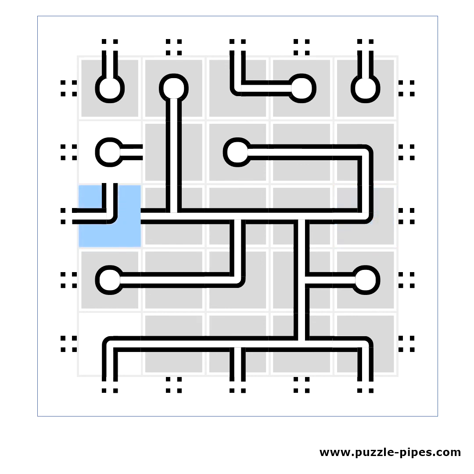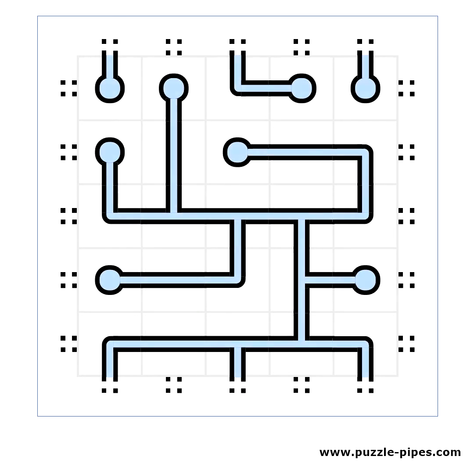This piece should be connected to the right and then turn upwards. And then we should connect this pipe end. The last piece is already in place. The puzzle is solved. You should now be able to crack any pipes puzzle.